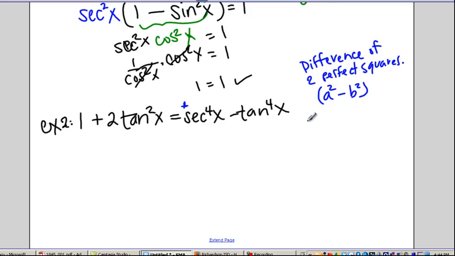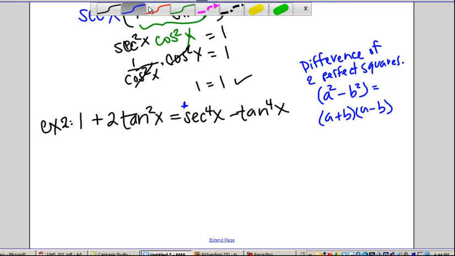And I know that's going to ring a bell, but you should know from your Algebra 2 or Algebra 1 teacher that you can factor a squared minus b squared to get a plus b times a minus b. Okay? But you're probably thinking, well, that's great. We don't have a squared. We have 4s. Well, 4 is still a perfect square.